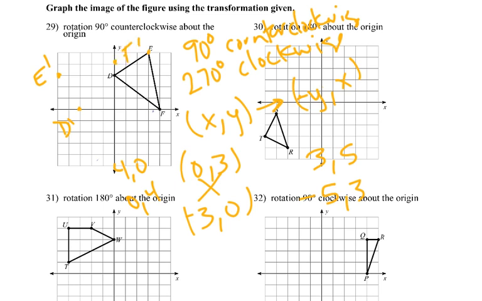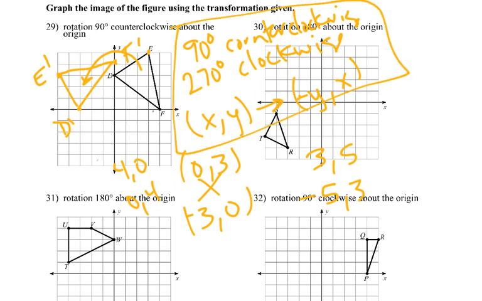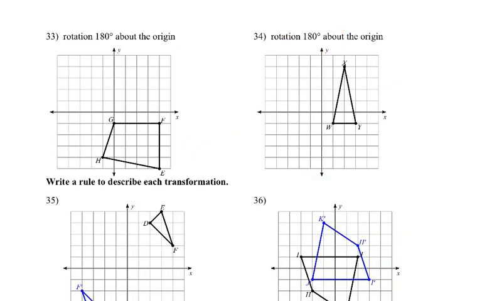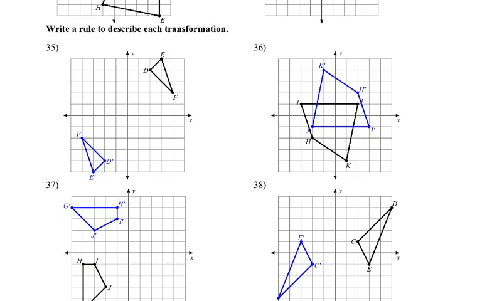So it's F prime. So we can see that it rotated, shouldn't say shifted, rotated counterclockwise 90 degrees. So that's a rule you want to remember. Okay, so let's see if there's any other 90 degree counterclockwise or 270 clockwises. Nope.